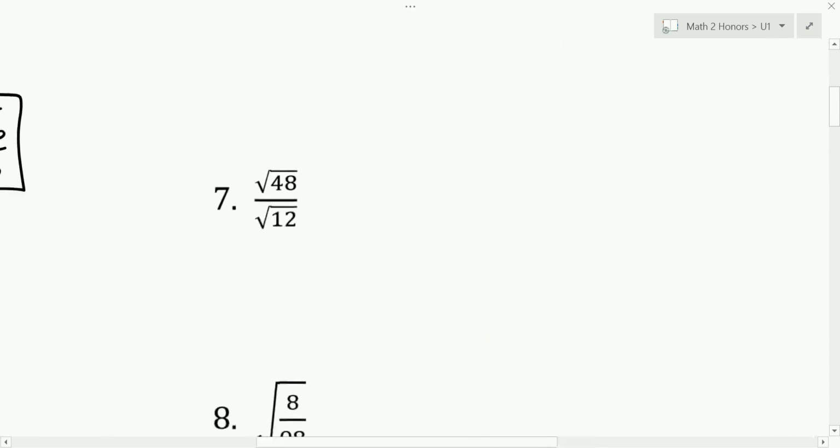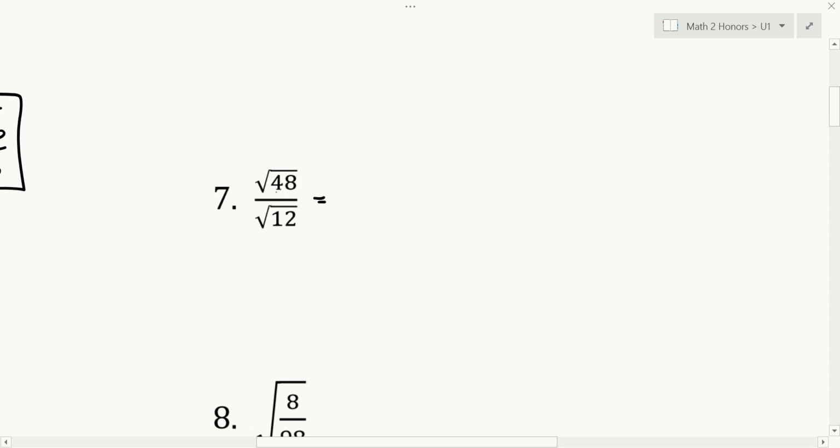So number 7, what would be a good thing to do to start? Maybe simplify, like reduce the fraction. Sure. Now we could rewrite it as a fraction of 1 square root, or we could just divide it as is, because we know it works.